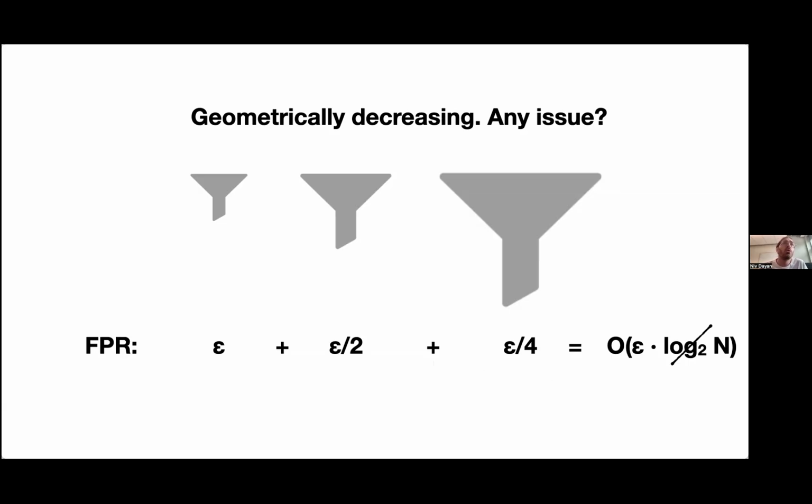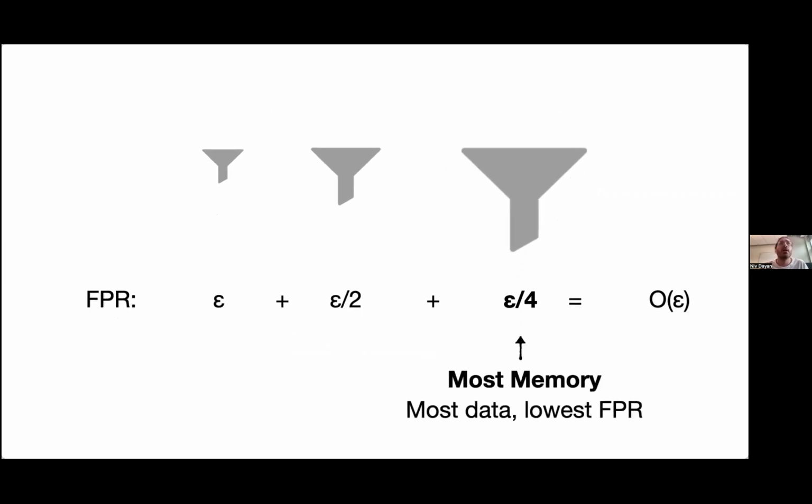What's the issue though? The issue is going to be memory. So in particular, we can analyze the memory footprint for this whole thing by looking at how much memory the largest filter is taking up, because it's the largest, but it also has the smallest false positive rate.